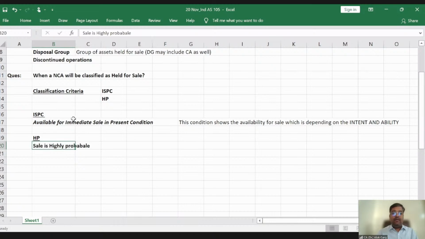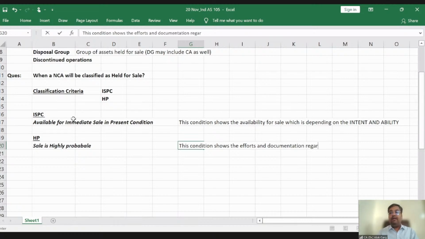Sale is highly probable, and this condition shows the efforts and documentation regarding the effort towards the actual sale, right?